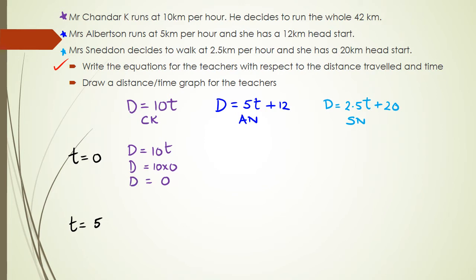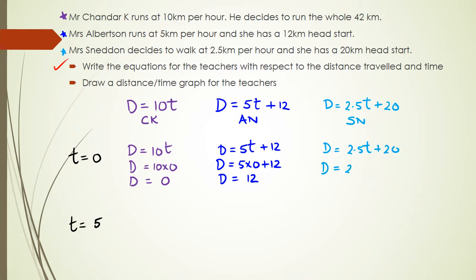If we look at Mrs. Albertson's, hers is 5t plus 12, which means d could be written as 5 times 0 plus 12, and d is equal to 12. Okay, and as for Miss Sneddon, we have d equals 2.5t plus 20, and then 2.5 times 0 plus 20, and you have d equals 20.